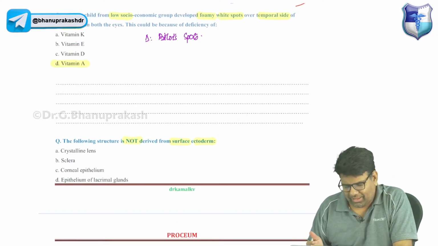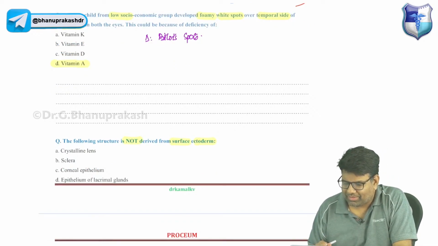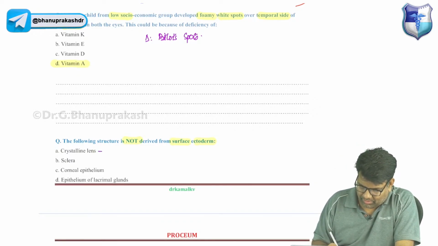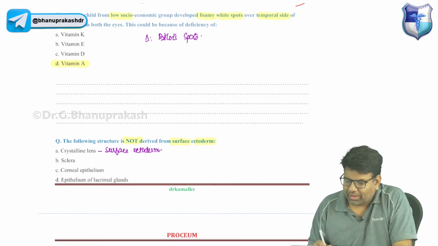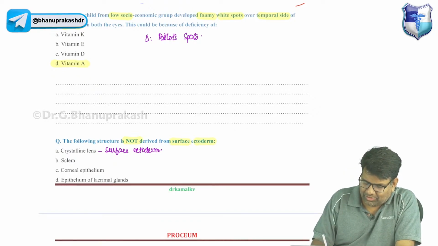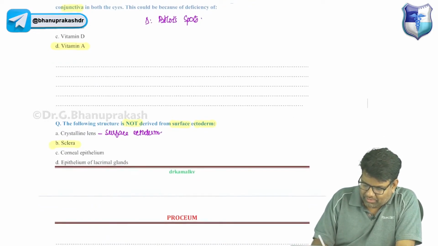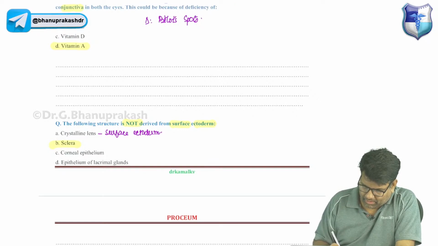Now next question, which of the following is not derived from surface ectoderm? See, crystalline lens is from surface ectoderm. Lens is from ectoderm. It's from surface. Any other answer? Yes, Aninda, you are right. The answer is sclera. And sclera is derived from mesoderm.